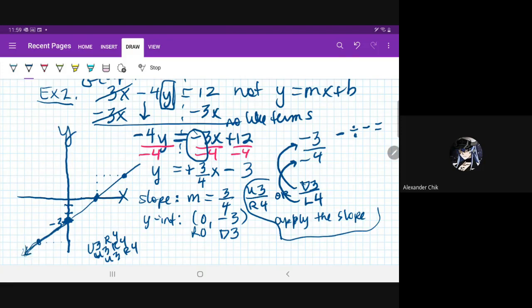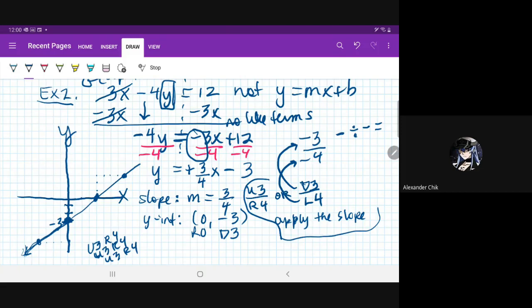And then I'm missing my labeling. So what do I mean by my labeling? What labeling am I missing?